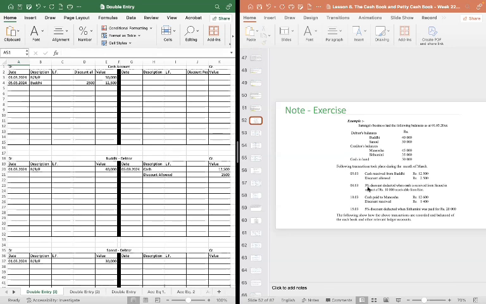Now 10,000 is receivable from him. What should ideally happen? Cash account should increase, right? Because we are receiving money. Yes, sir. We are receiving money, so the cash account will increase. Okay.